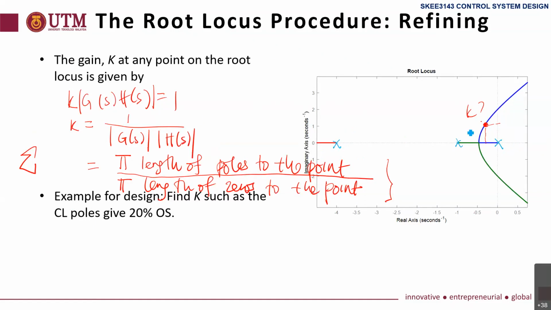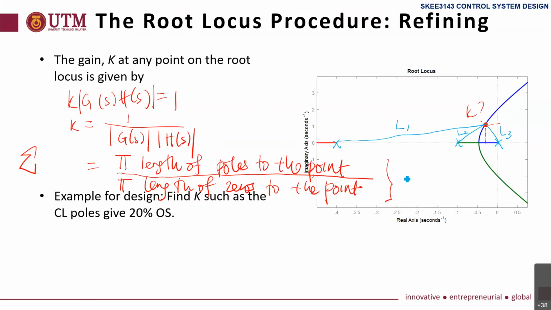I need to find the length L1. If we know the coordinates, then we can use Pythagoras theorem to calculate the length. L2 here, length number 2, L3, length 3. And if we have zeros, then we also get the length of the zeros.